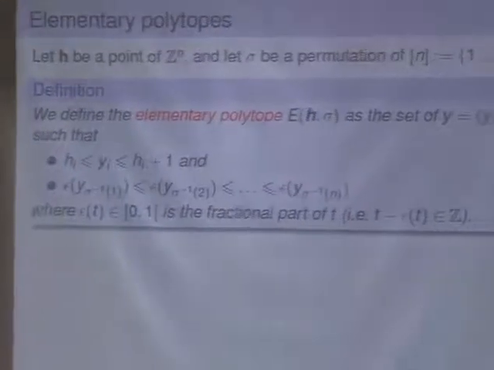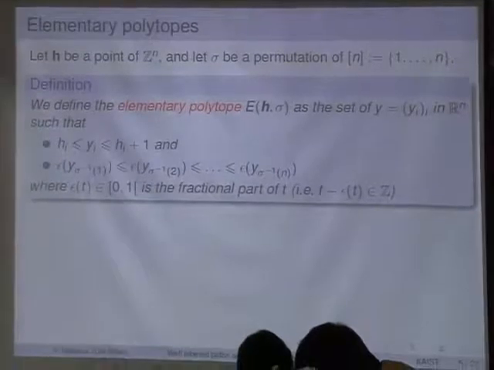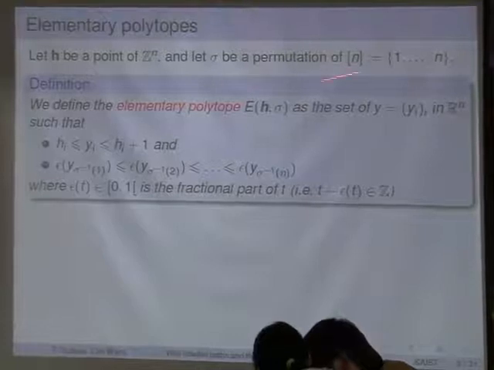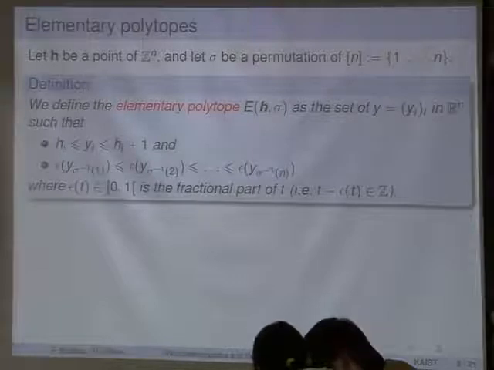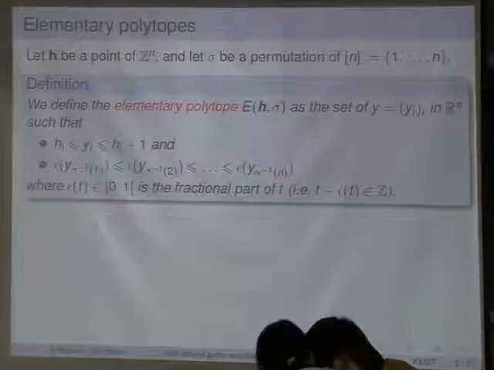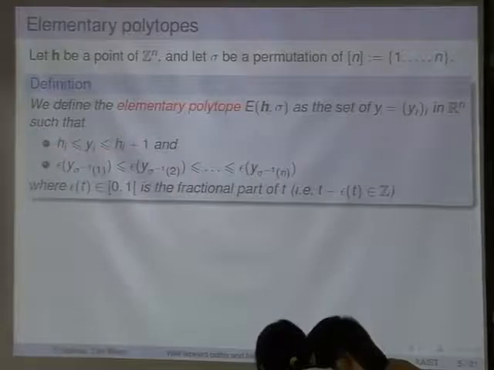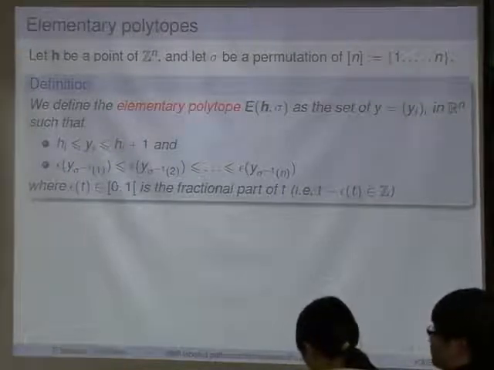So this is the definition of what I will call an elementary polytope. You have to take h, a point with integer coordinates, and sigma, a permutation of the integers 1 to n. Given h and sigma, you define the elementary polytope by requiring the points to be between hi and hi plus 1. This gives a sort of little cube with one vertex at h.